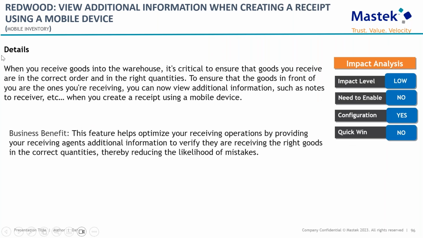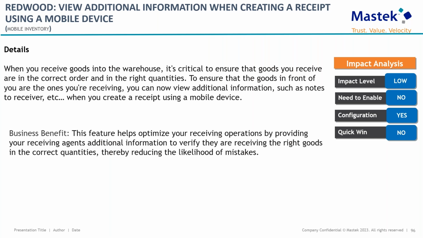We move on to the next option, which is the last option within the mobile inventory. This new update is called View Additional Information when creating a receipt using a mobile device. Receiving on mobile is now more accurate and informative.